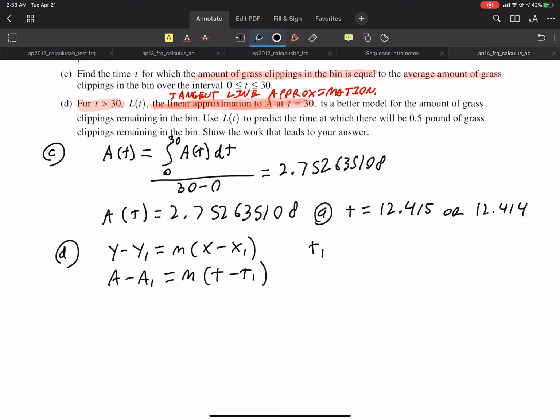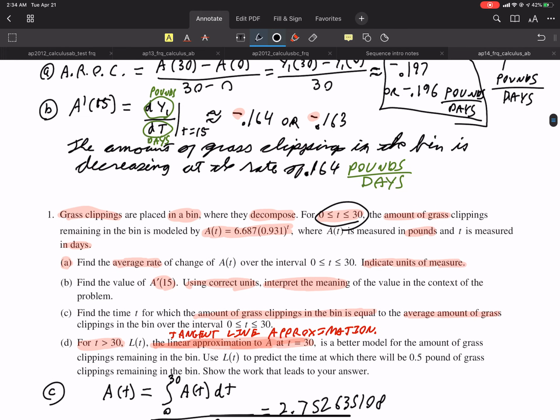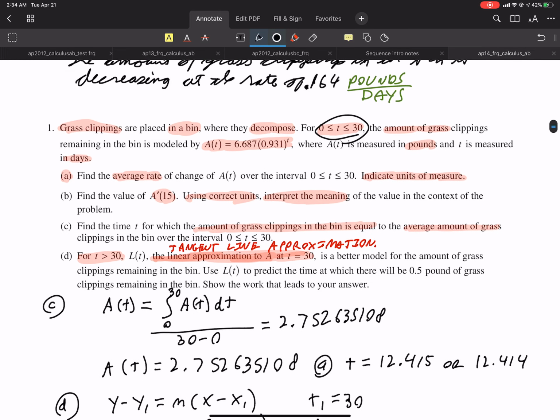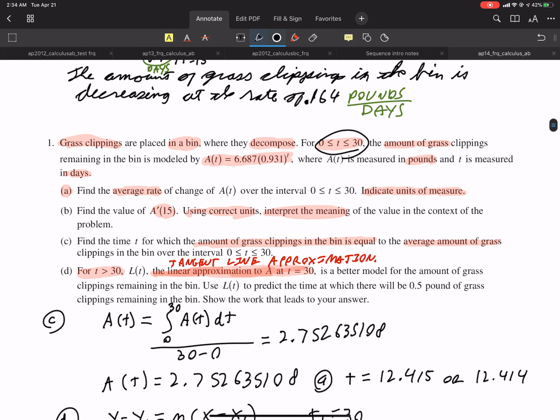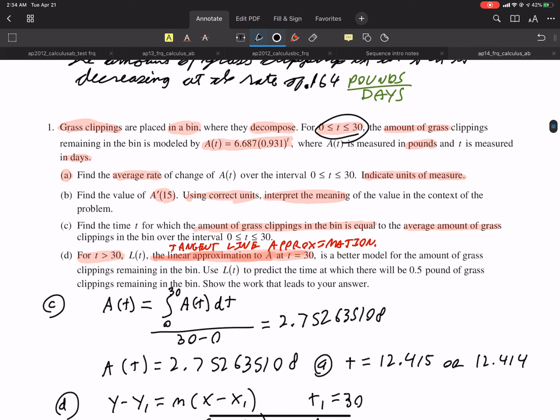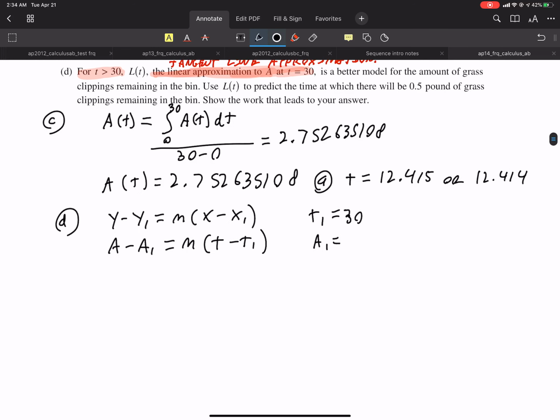So they tell you t1 is 30. That's the point of tangency, 30. And we want to know how much grass is there at that point. We found that. Did we find it? We did not, but that's pretty easy. That's just going to be A of 30.